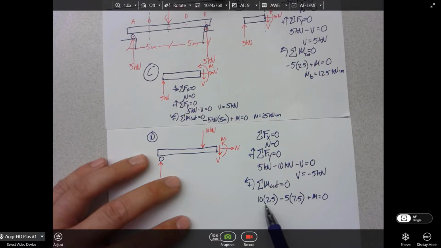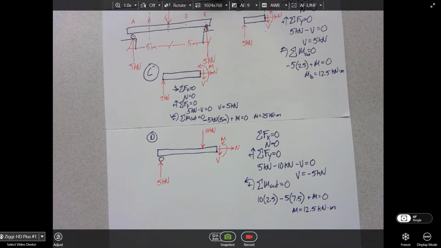So this is 25 minus 37.5. Looks to me like the moment is 12.5 kilonewton meters. Okay. You all right with that?